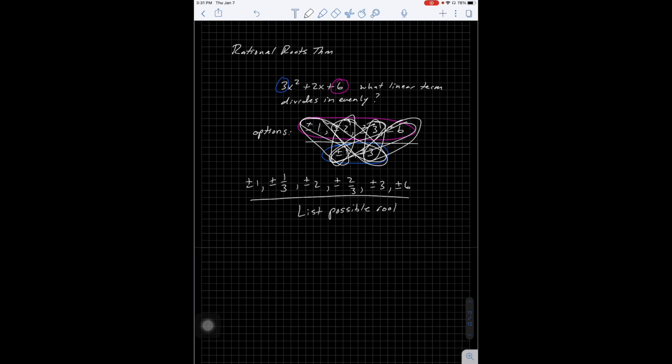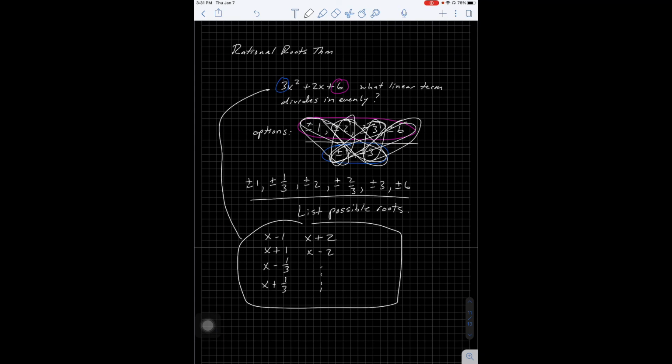Now what this means is that if I divide in x minus 1, x plus 1, x minus a third, x plus a third, and so on and so forth, x plus 2, x minus 2, you get the idea. This is going to be the list of possible things that divide in evenly and give me a remainder of 0.